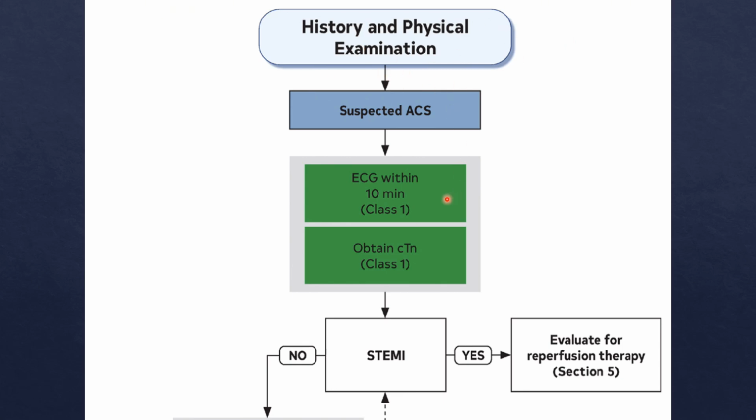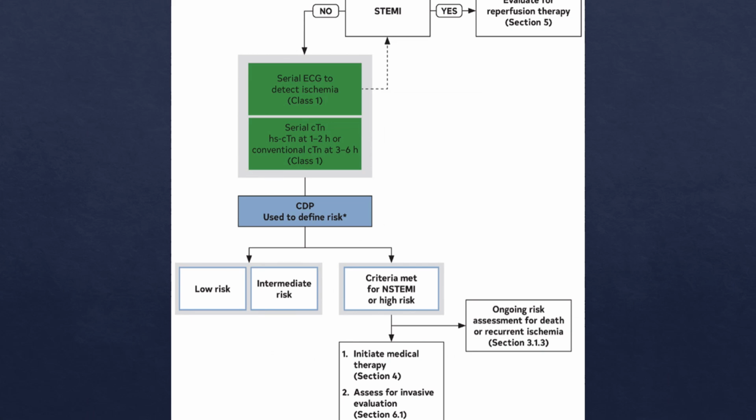If it is a STEMI, evaluate for reperfusion, and if it is a non-STEMI, do serial ECGs to see if it can evolve into a STEMI, and do cardiac troponins. If high sensitivity, repeat in 1 to 2 hours, or if it is a conventional cardiac troponin, repeat in 3 to 6 hours. The CDP is used to define the risk and the subsequent plan.